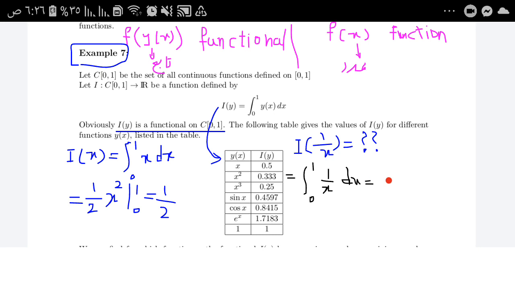The solution of this integral is ln of the absolute value of x, which is equal to ln 1 minus ln 0.